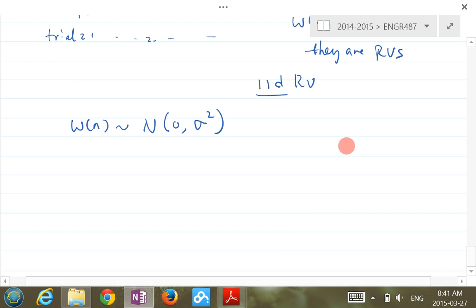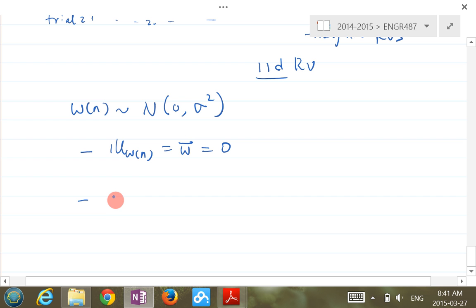Then the properties of this white noise become the following. First, the mean of this white noise, W bar, is all 0. Then the autocorrelation, or autocovariance, because this is independent, identically distributed.